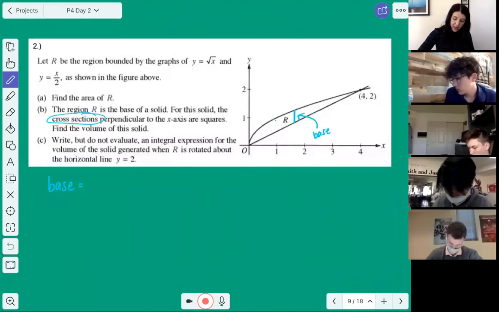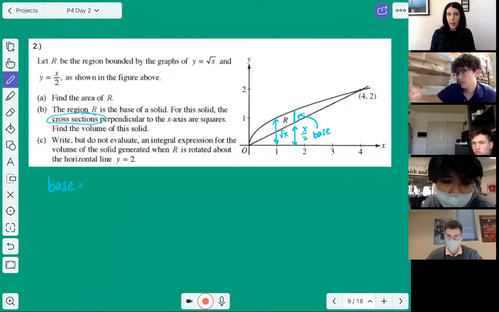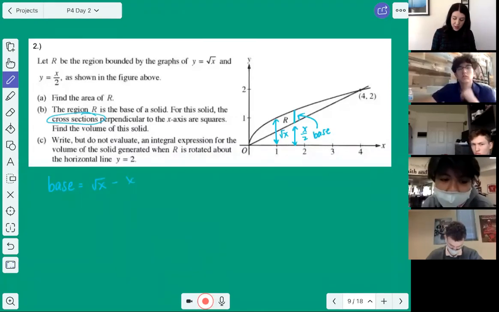The distance from the x-axis to that top curve is rad x. The distance from the x-axis to the bottom curve is x over 2. And so now our base is going to be the difference between those. So it's going to be rad x minus x over 2. That's going to be our base.